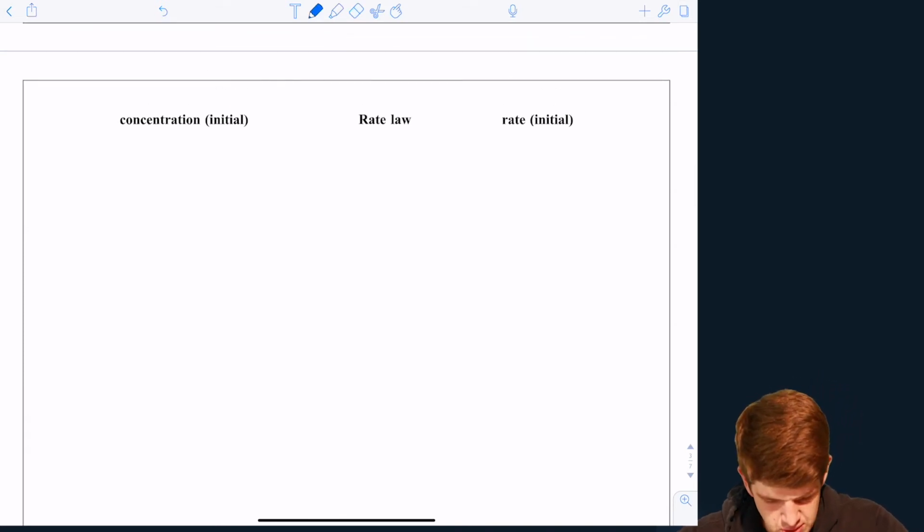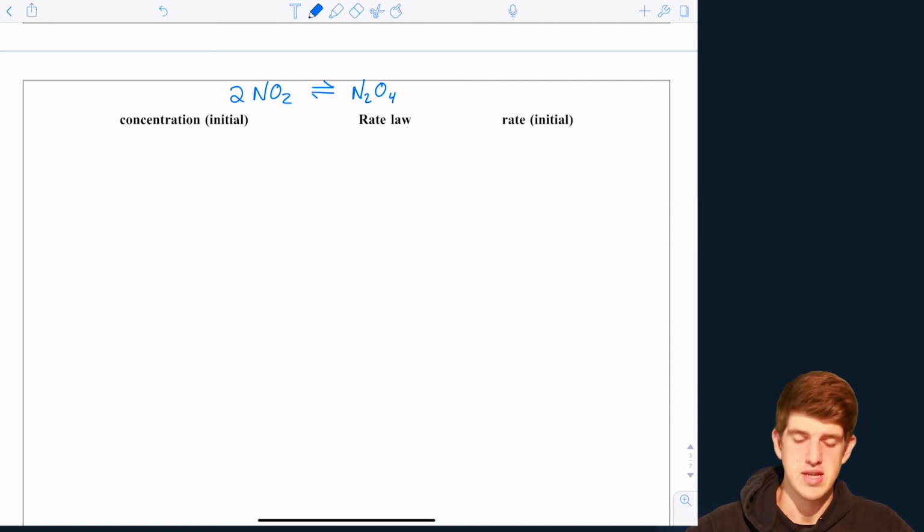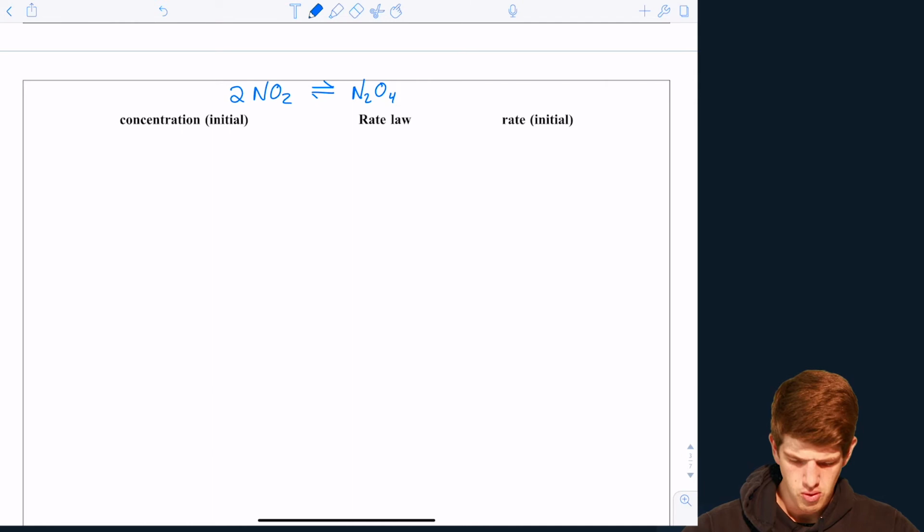This reaction is the one we previously talked about, the reversible reaction of two equivalents of NO2 reacting to form N2O4. We're going to say we have a solution of pure NO2, and we're going to see what happens as NO2 starts to react to form N2O4.